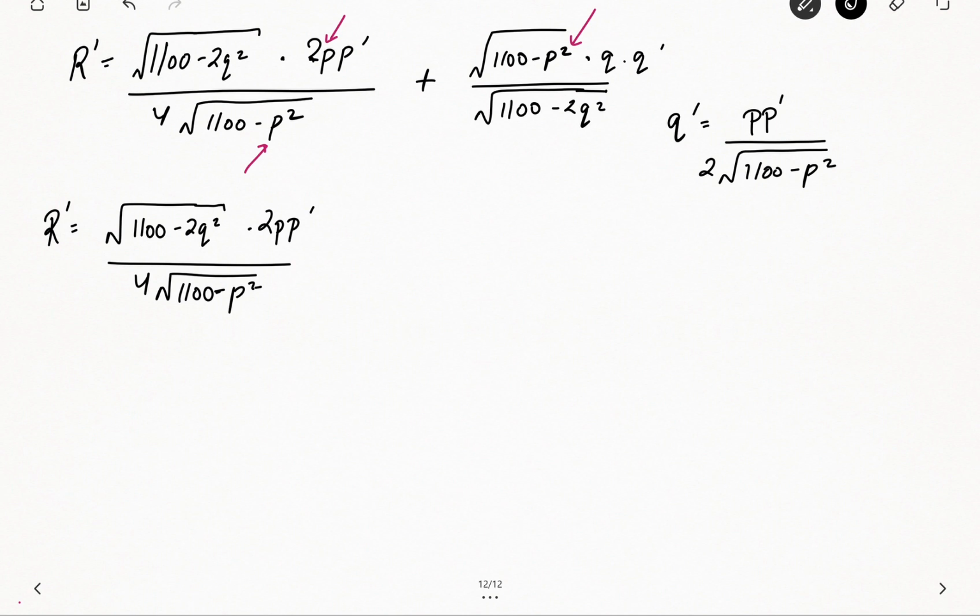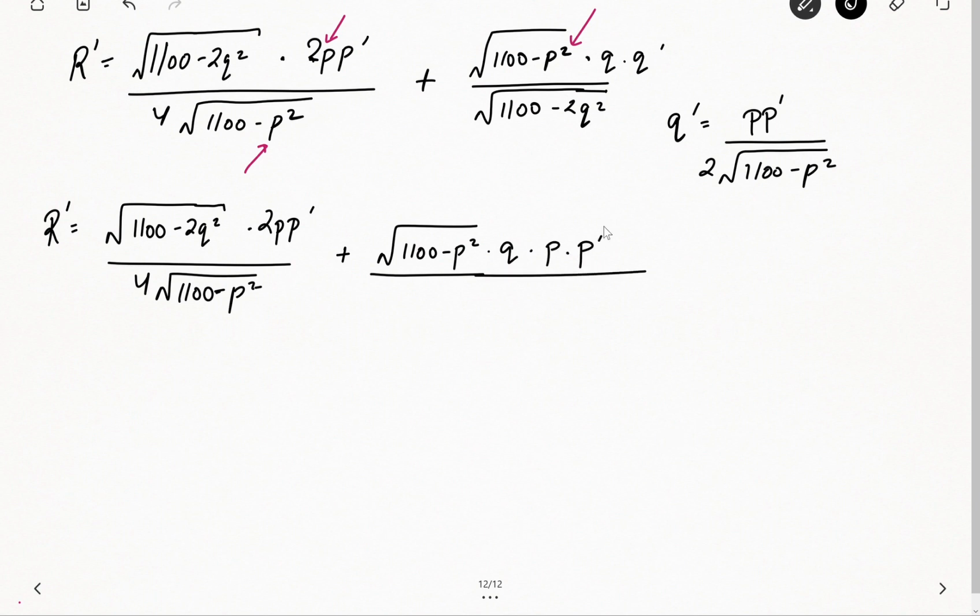And then what we're going to do here, plus square root of 1100 minus p squared times q times p prime all over 1100 minus 2q squared times 2 square root of 1100 minus p squared. So now we can easily factor out a p prime from these two, and then write everything else in terms of q.